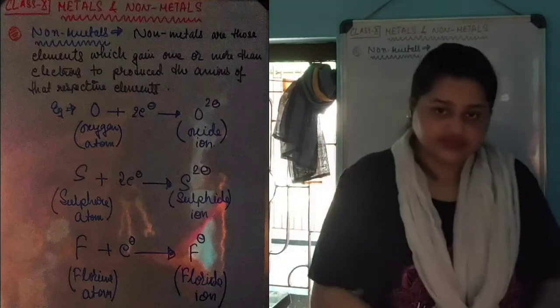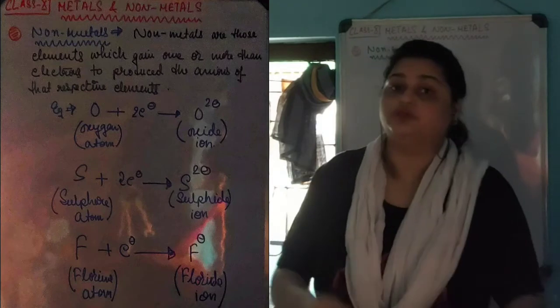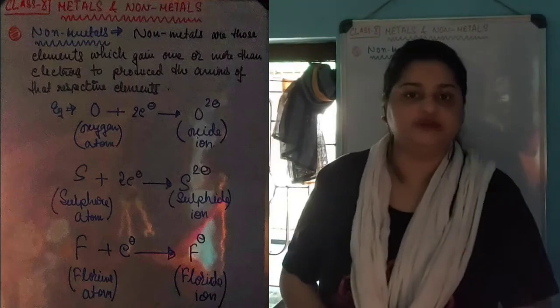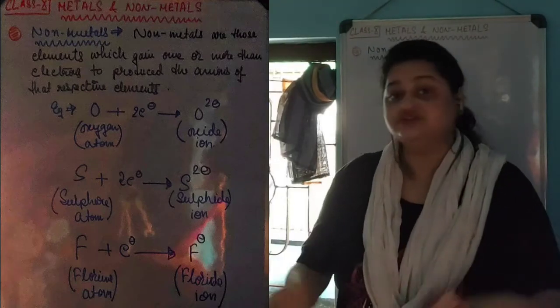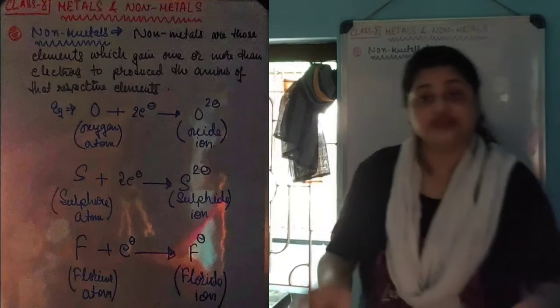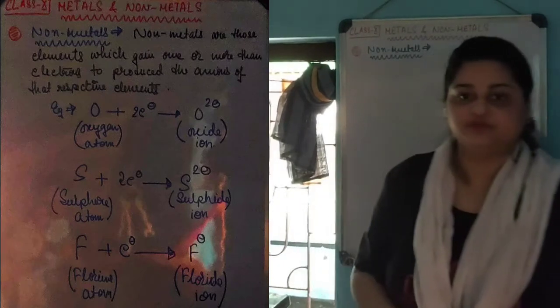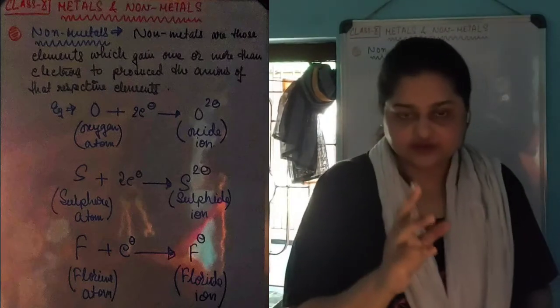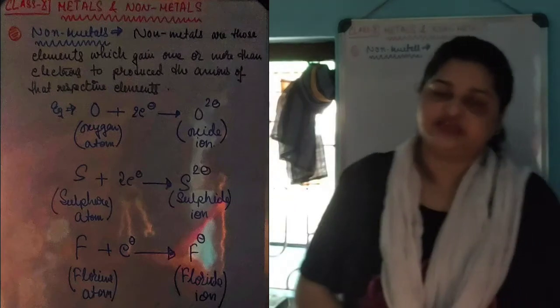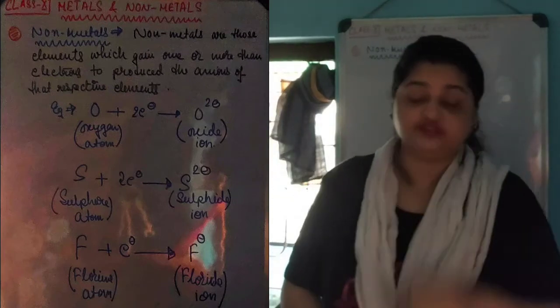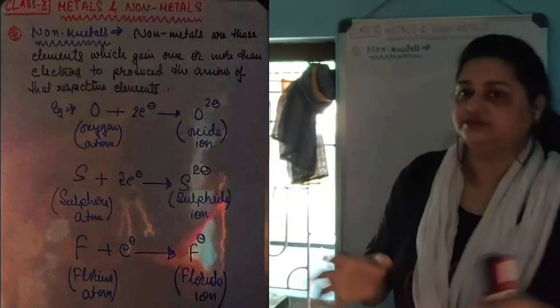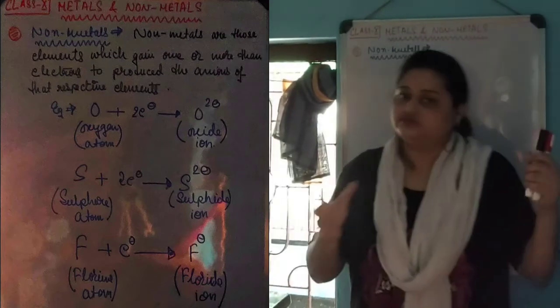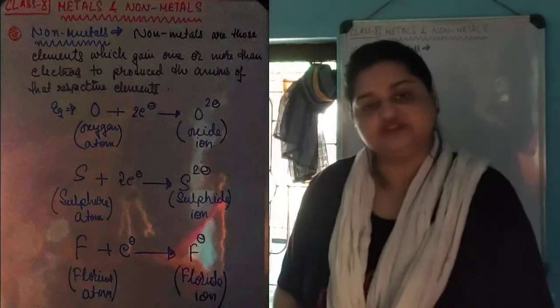In the last classes we have talked about metals, the definition of metals, properties of metals, chemical properties of metals, and different chemical reactions regarding the metals. In the first class, we talked about elements in the universe and how many types of elements there are.